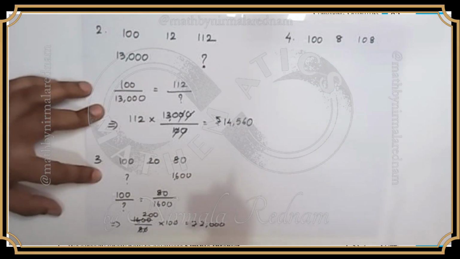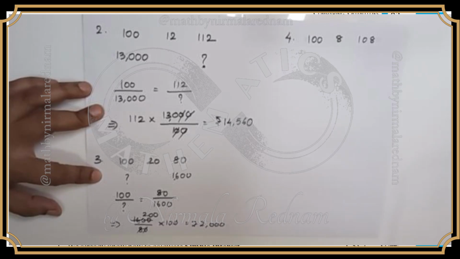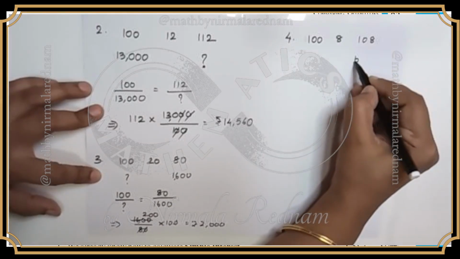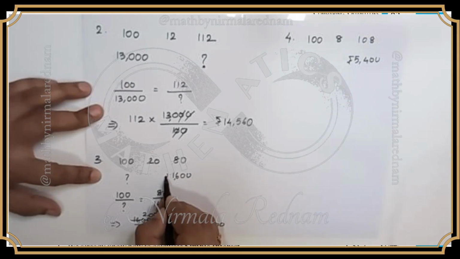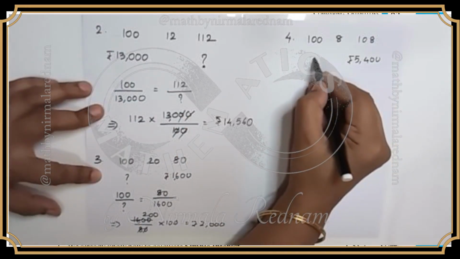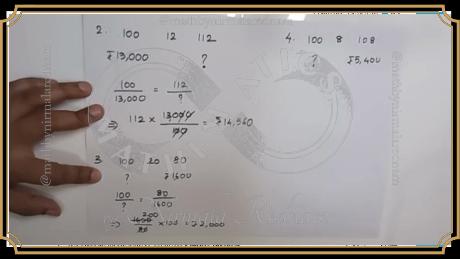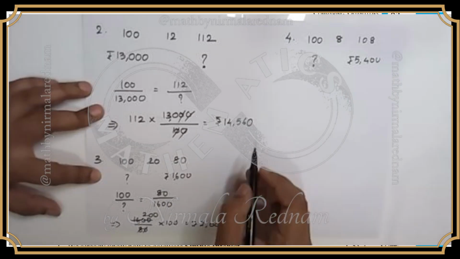And how much did I actually pay? It is given as 5400, right? So they're saying that I have paid 5400 rupees, correct? Now they're asking me what is the cost of the item, the price of the item before VAT was added.